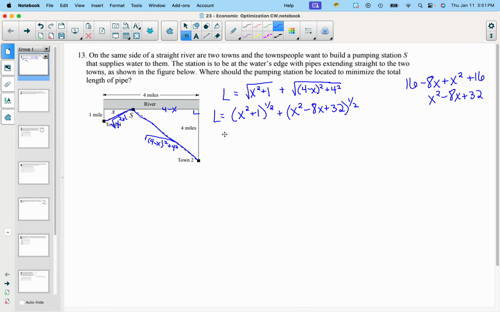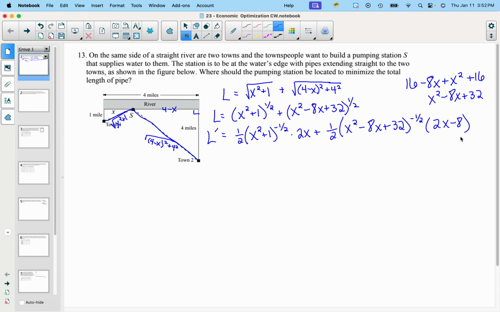So now I can take the derivative. So L prime, we're going to have 1/2 x squared plus 1 to the negative 1/2. Don't forget the chain rule, times 2x, plus 1/2 x squared minus 8x plus 32 to the negative 1/2 times the chain rule, which gives me a 2x minus 8.